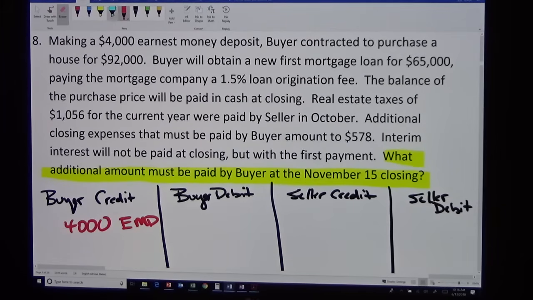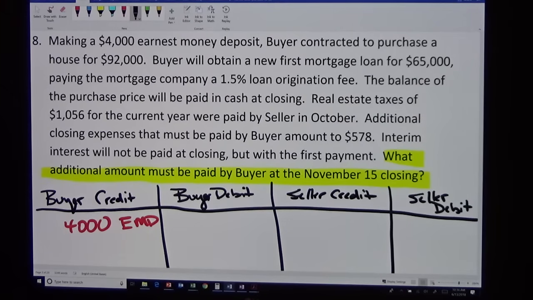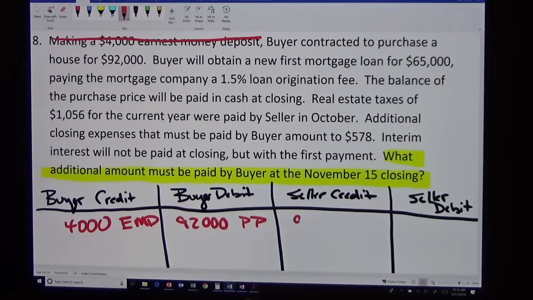The buyer contracted to purchase a house for $92,000. That's the purchase price. Well, the purchase price is a debit to the buyer, so $92,000. We'll put PP for purchase price. But it's also a credit to the seller, so $92,000 credit to the seller for the purchase price.